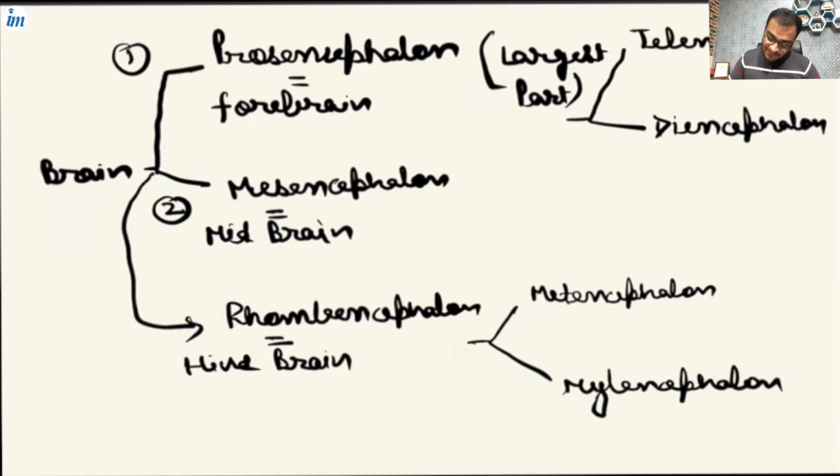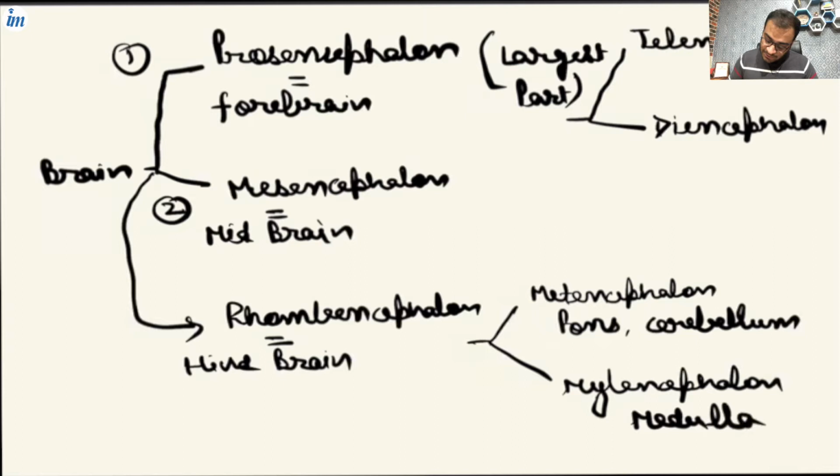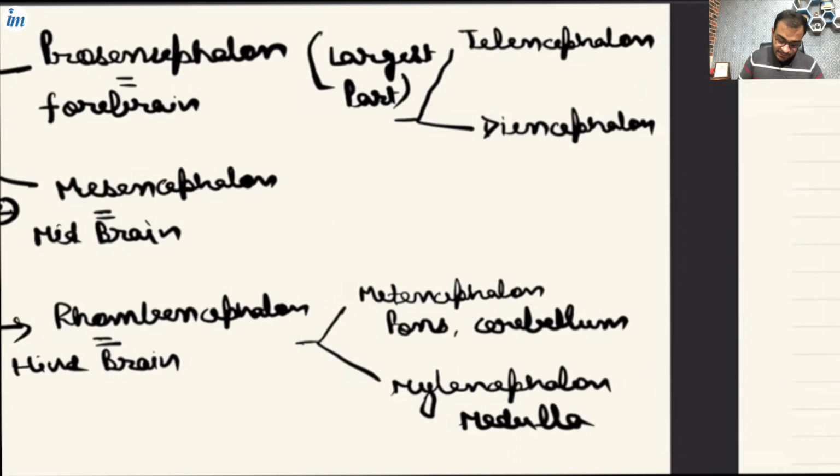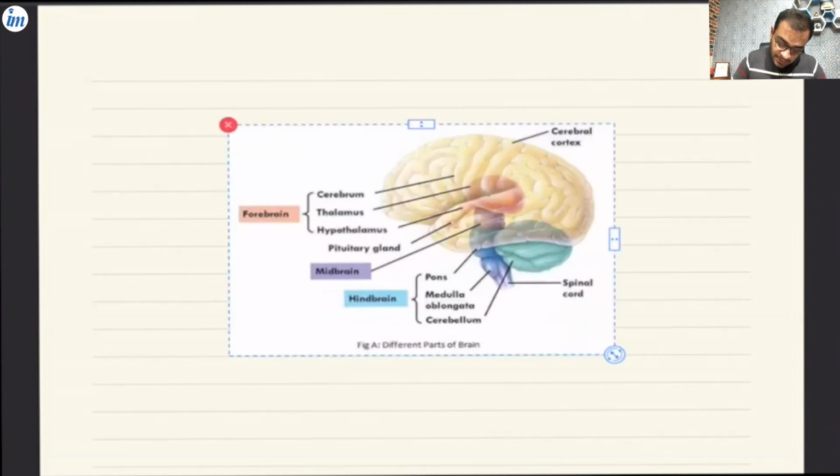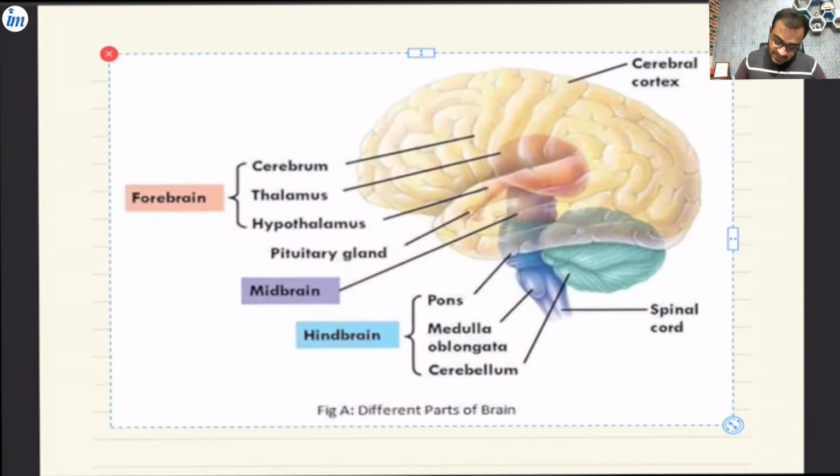In the metencephalon, we include the pons and cerebellum. And the myelencephalon part is the medulla. Which part comes under the myelencephalon? Medulla. Understandable till here? So here we add the image.